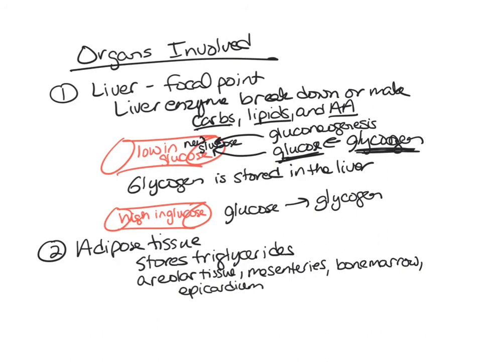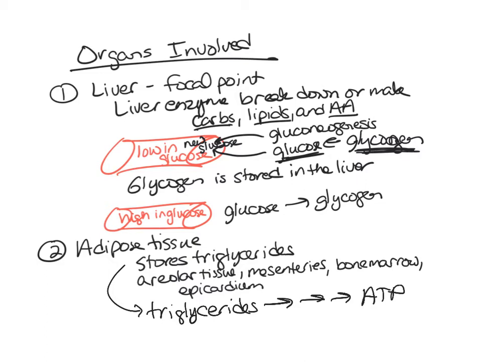When the body's at rest and it has more time, it'll pull those triglycerides out of the adipose and break down those triglycerides to produce ATP. That's only going to happen when energy demands are low and the body's at rest, or if glucose levels are low.